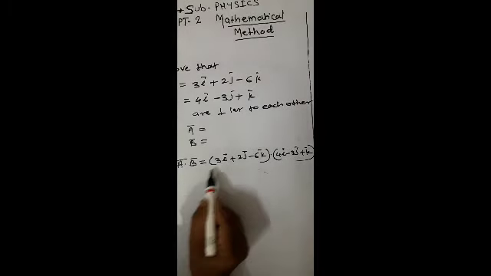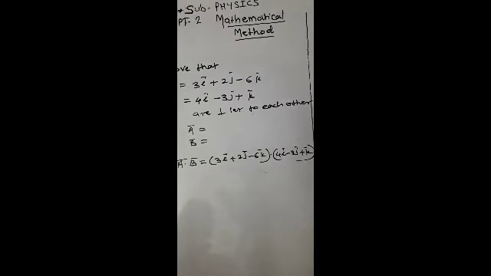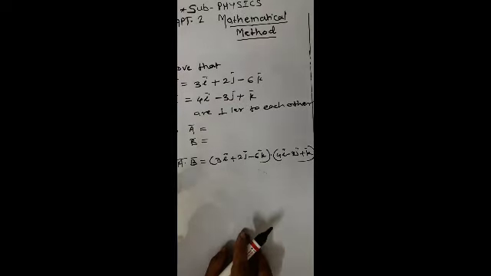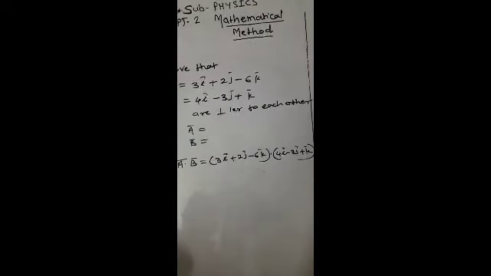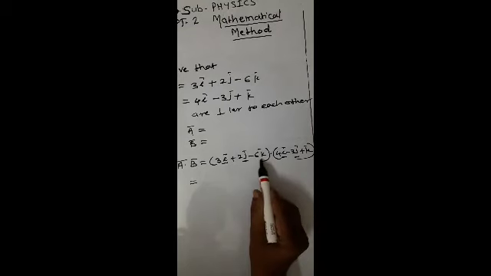Dot product means, in rectangular unit form, i dot i, j dot j, and k dot k is equal to 1, and i dot j, j dot k, k dot i is equal to 0. How can it be solved? a bar dot b bar is equal to, we know that i dot i is equal to 1, j dot j is equal to 1, k dot k is equal to 1.